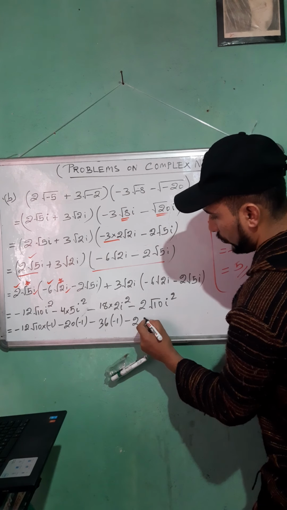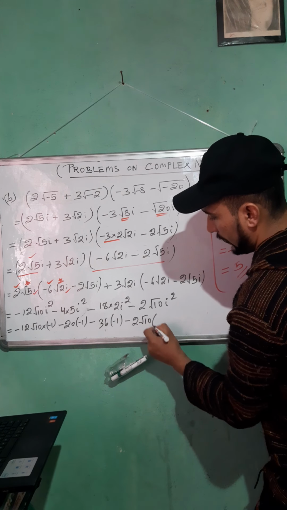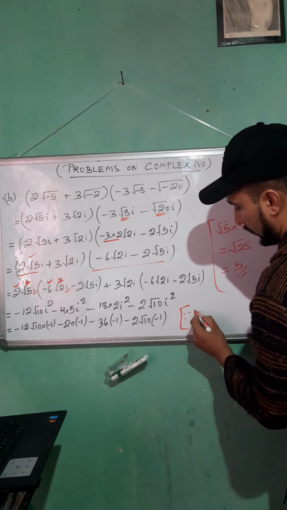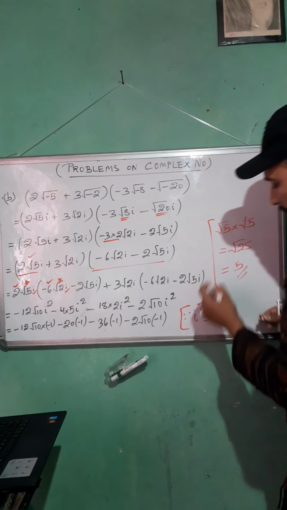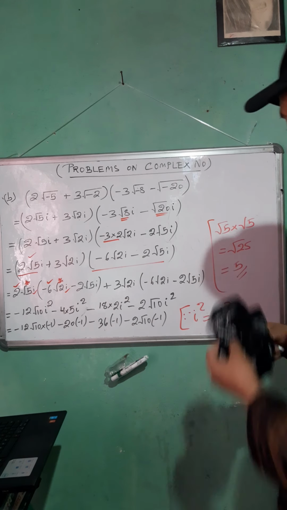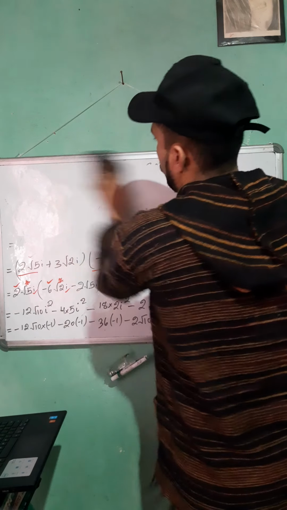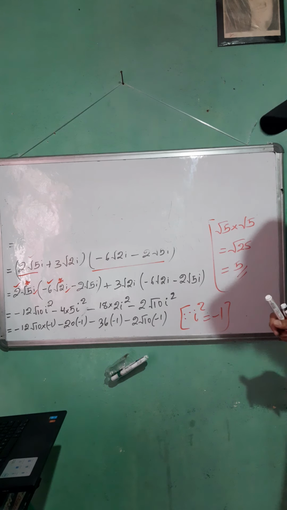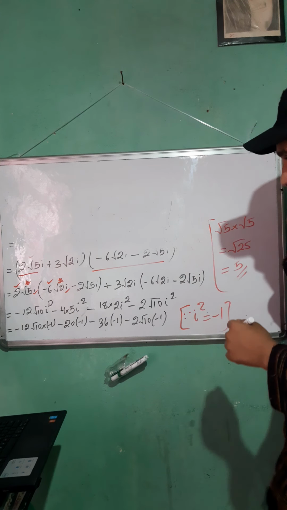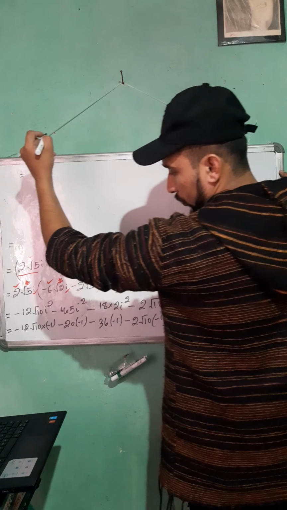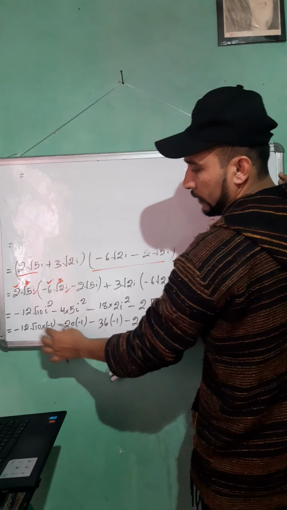Minus 2 root 10 into minus 1. Because i square is equal to minus 1, it will be plus.